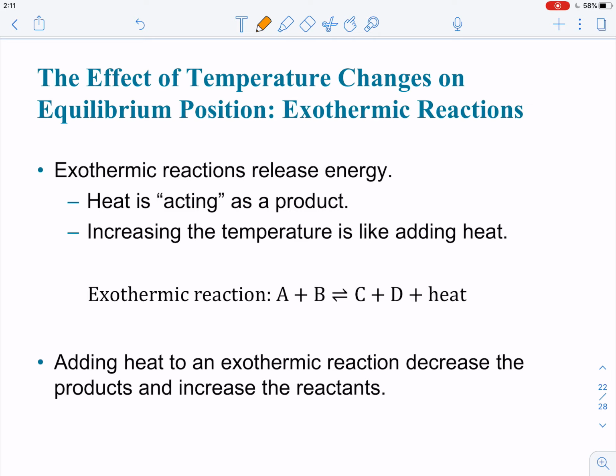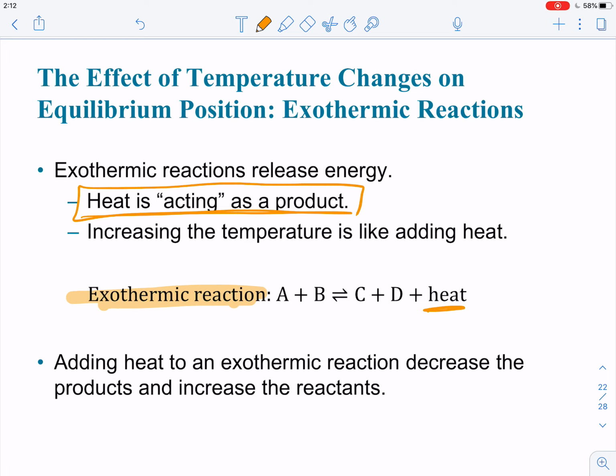So if we have an exothermic reaction, like in this case, right? Exothermic reactions release heat. Therefore, heat is a product for an exothermic reaction. Therefore, you have heat here.